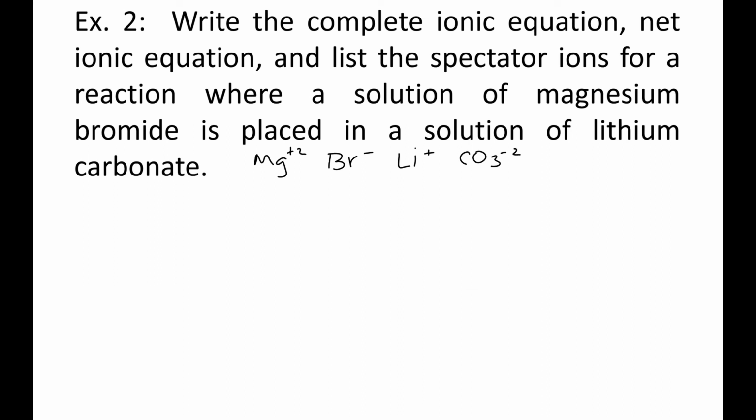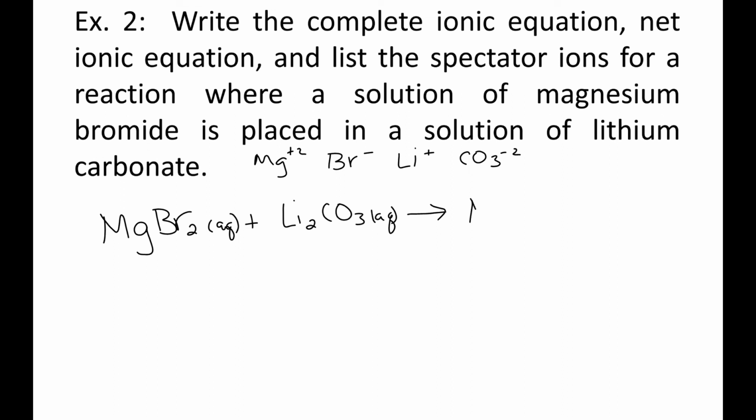So let's write the balanced double replacement reaction first. So it's magnesium bromide is reacting with lithium carbonate. Now, magnesium and carbonate are going to come together, and that is a solid, so we know the reaction works.